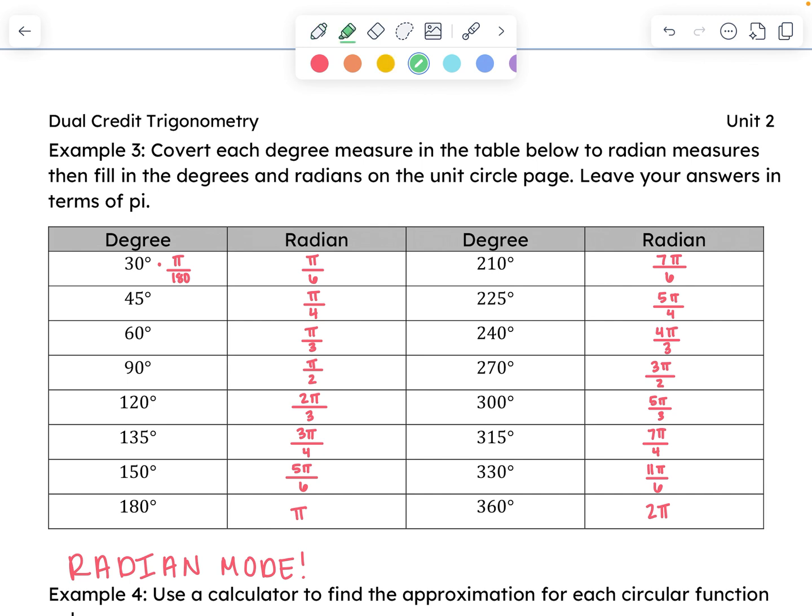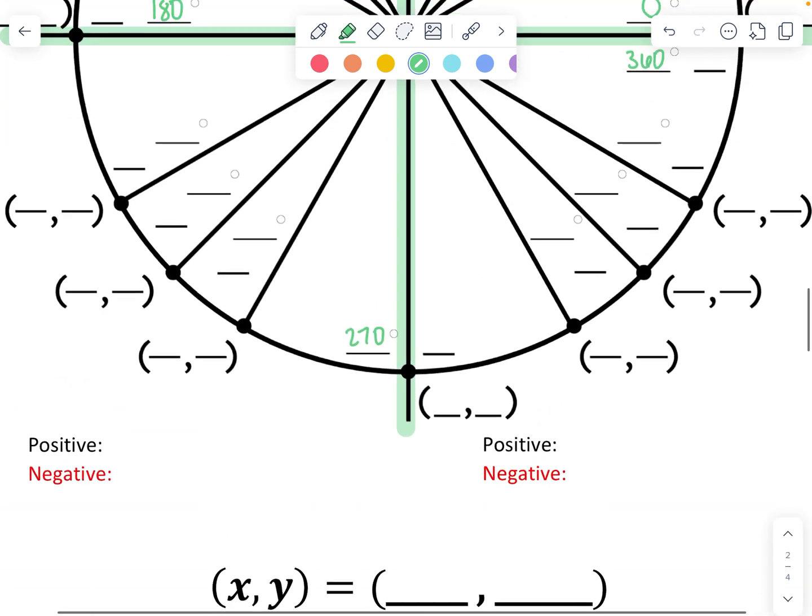And if you'll notice, some of the ones we just talked about, 90, 180, 270, and 360, are on this table. So I'm going to take those and put them on my circle as well. So 90 degrees is pi over 2, 180 is pi, 270 is 3 pi over 2, and 360 is 2 pi.